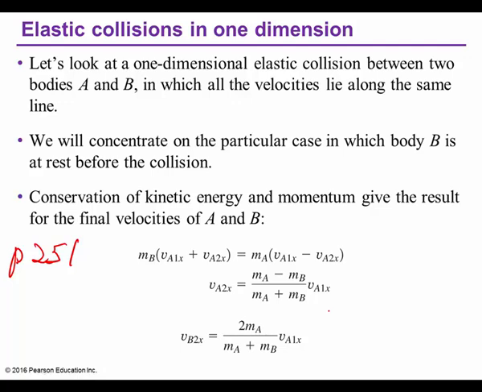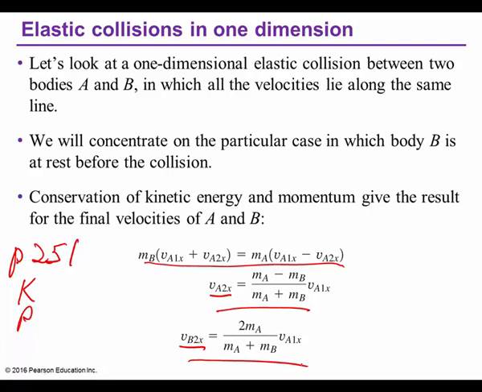What are the two equations? Notice right here, how do we find the final velocity of A and the final velocity of B? If you look on page 251, notice we start with kinetic energy and momentum. We take those two equations, divide one by the other, and then substitute.